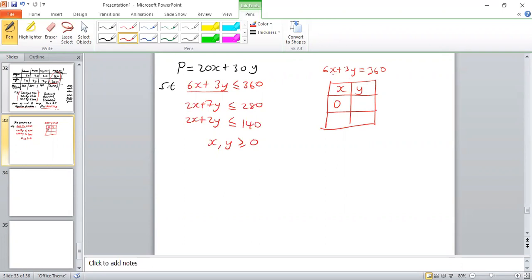We divide by 3, 360 divided by 3 gives us 120, isn't it? Are we together? And if y is 0, we divide by 6, that will give us 60. So we have the coordinates: the first one is (0, 120), and the other one is (60, 0).